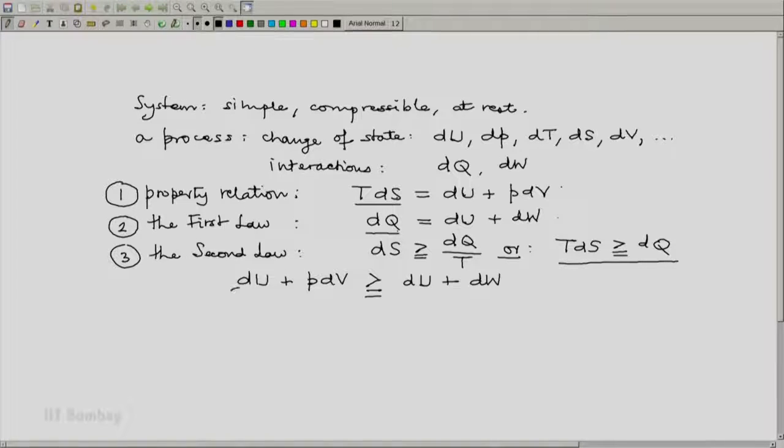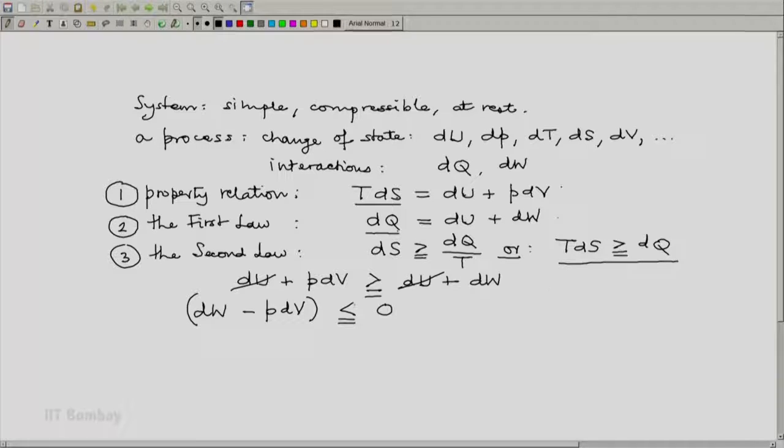Now let us cancel out dU from either side, transpose terms so that we get PdV on the right hand side, and we get finally dW minus PdV is less than or equal to 0.